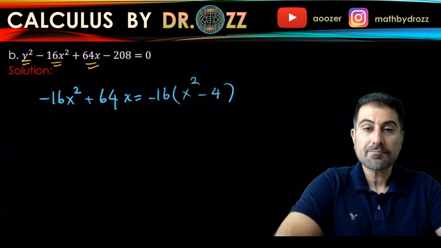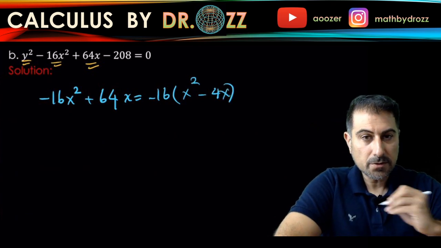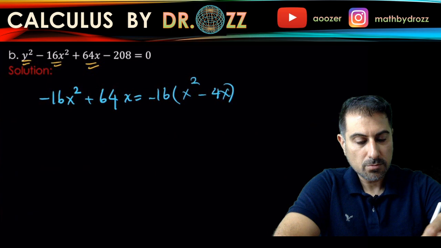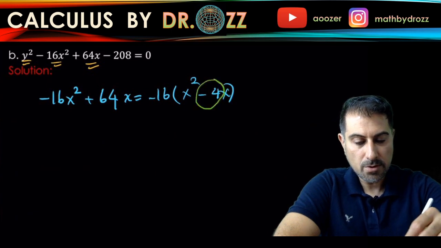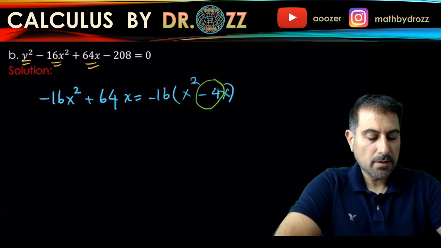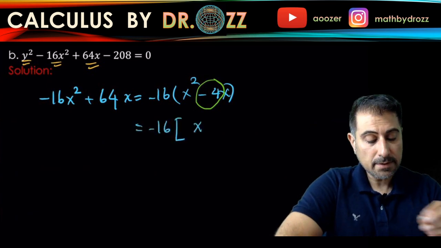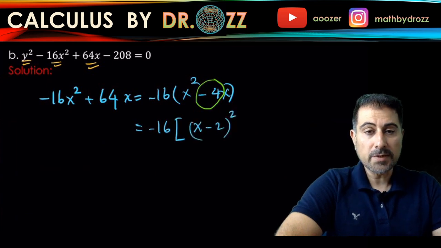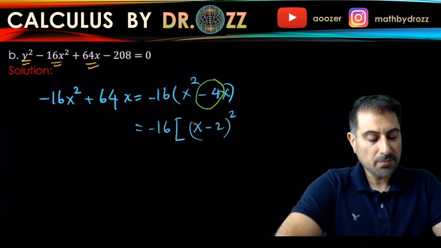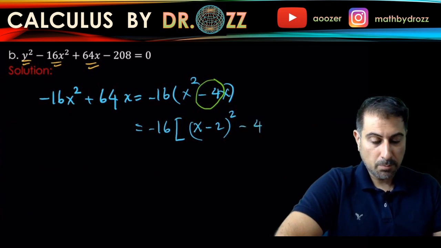Now I'm going to get half of this coefficient, add it to x and take the quantity square of that, and compensate by the square of the constant term, so that's going to be minus 4. That takes care of the whole completing the square.